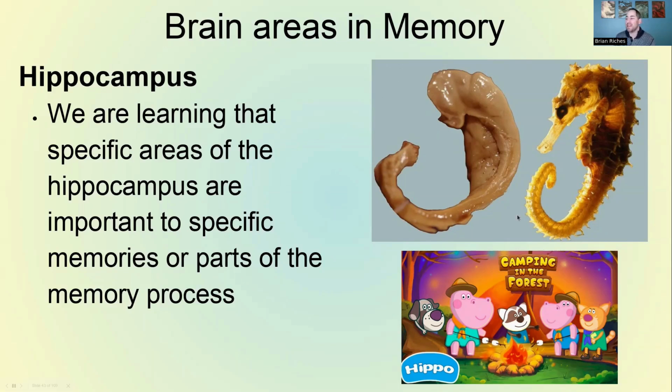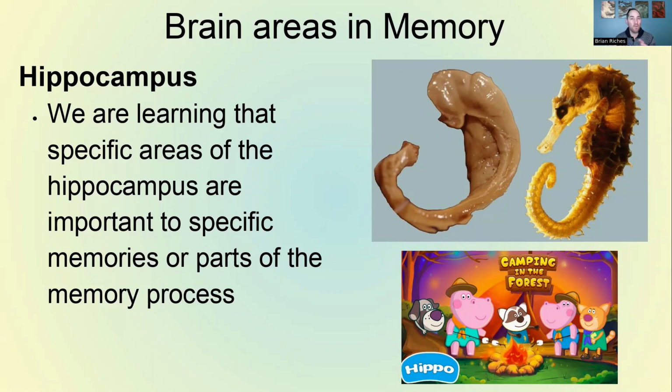And what we're learning is that different specific areas of the hippocampus are important to specific types of memories. So grid cells and place cells are in one specific area of the hippocampus. Emotional memories and talking to the amygdala are in another place of the hippocampus. So we're getting more knowledge that it is specific to specific areas.